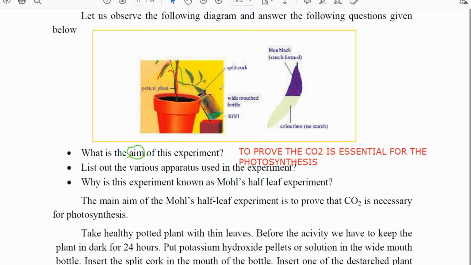The first apparatus we need to conduct this experiment is a healthy potted plant.